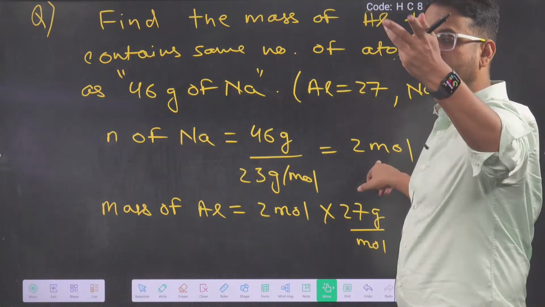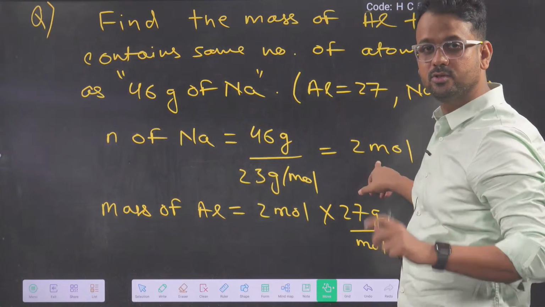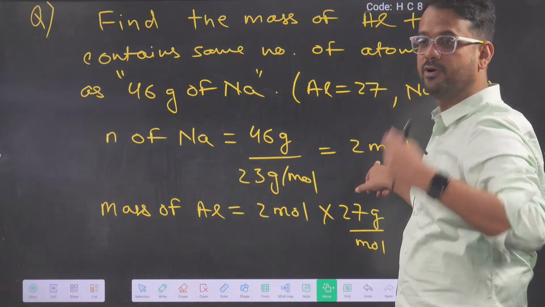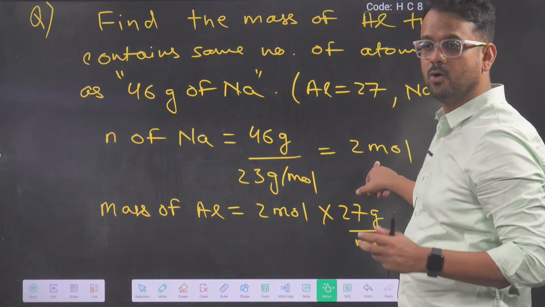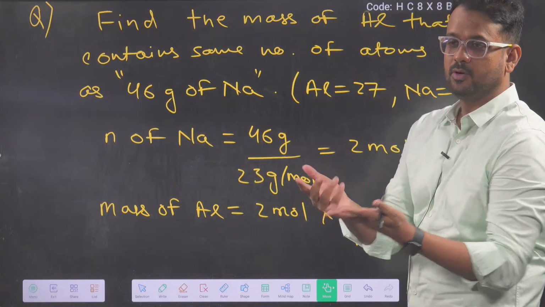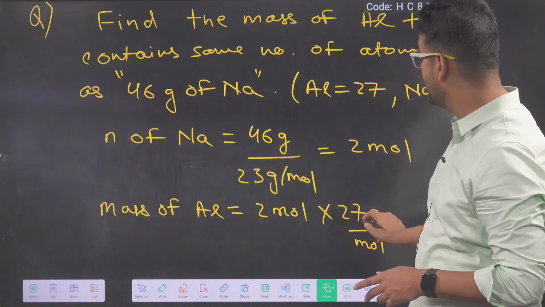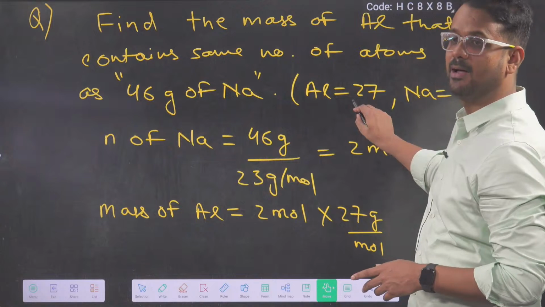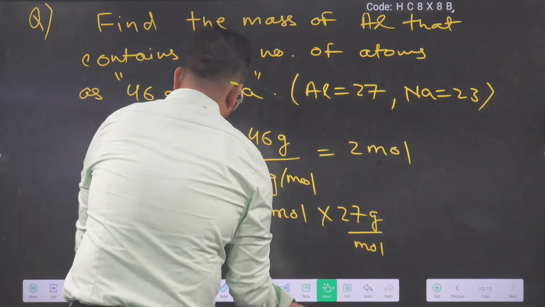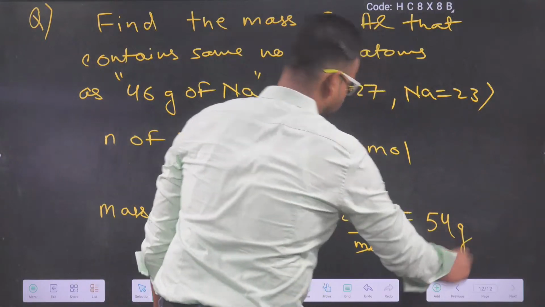So 2 moles of aluminium will have the same number of atoms, because mole is a counting unit, na? 2 dozen bananas and 2 dozen apples, both are 24. Similarly 2 mole sodium and 2 mole aluminium will contain the same number of atoms. And mass of 2 mole aluminium will be 2 moles multiplied by molar mass of aluminium, which is 27 gram per mole. So once again over here, mole cancel. Answer is 54 gram.